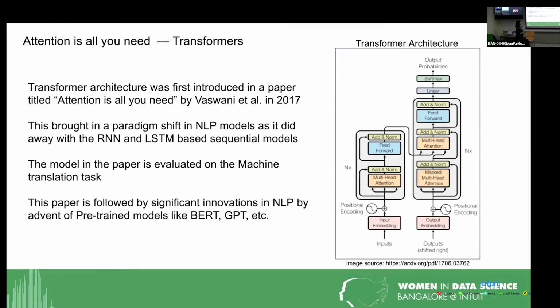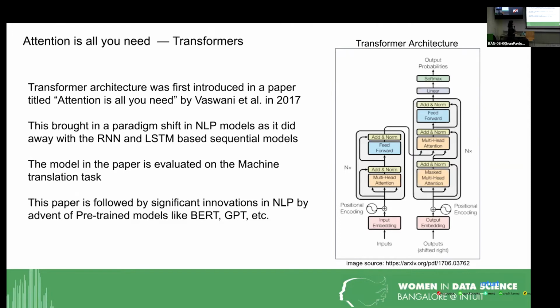The left side is the encoder and the right hand side is the decoder. The attention layers are added to the feed forward networks, which actually helps in learning the models better.